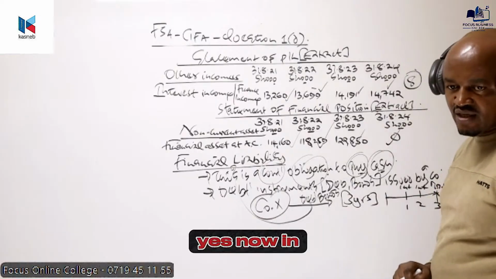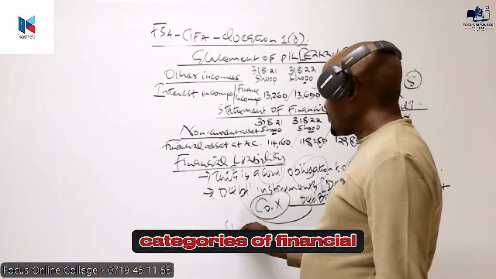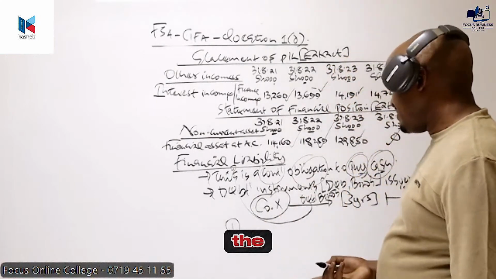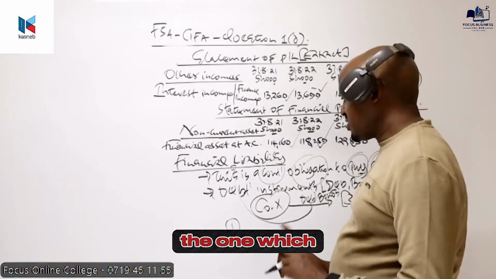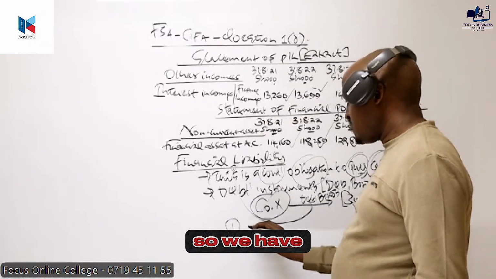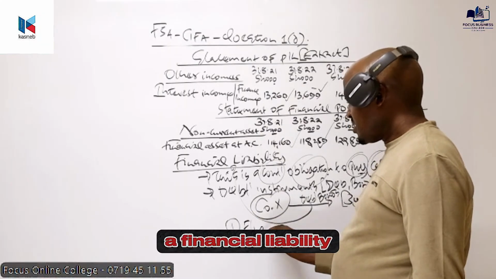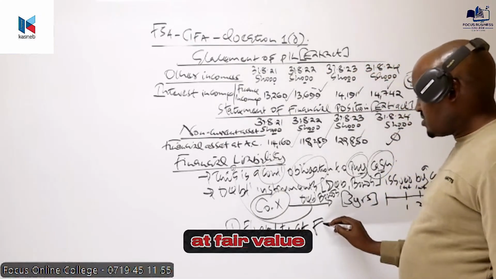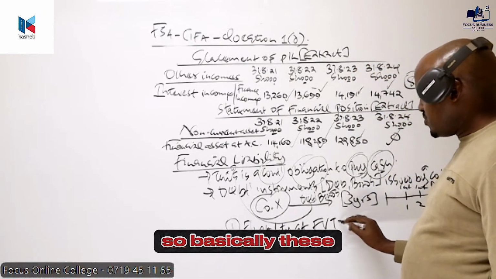To pay cash. Yes. Now, in this case, we have two categories of financial liabilities, but majorly we will discuss one because that is the one which is very common. We have a financial liability at fair value through profit or loss.